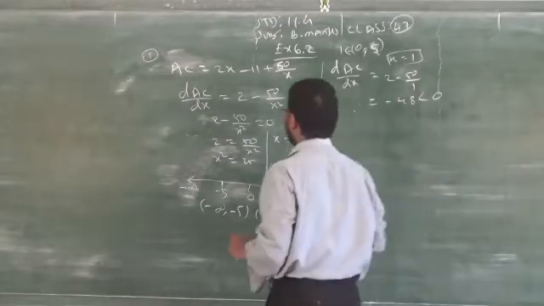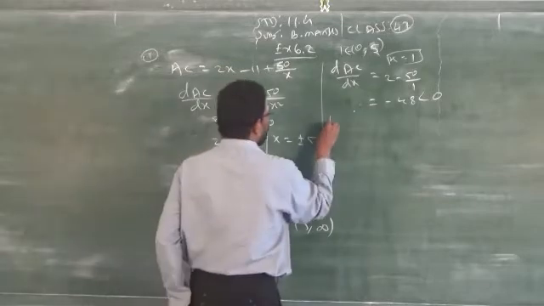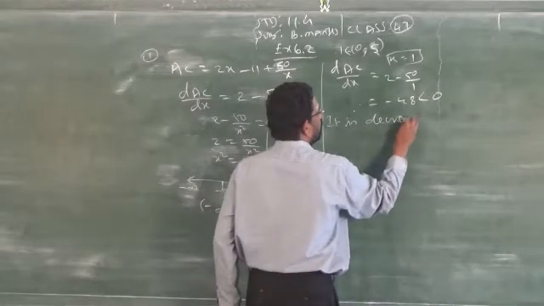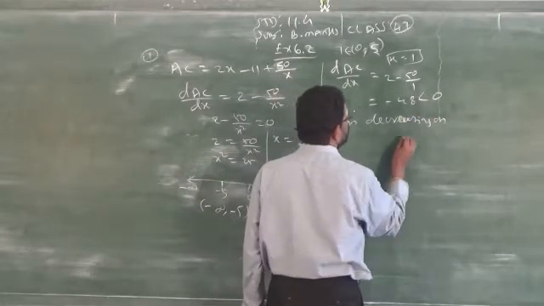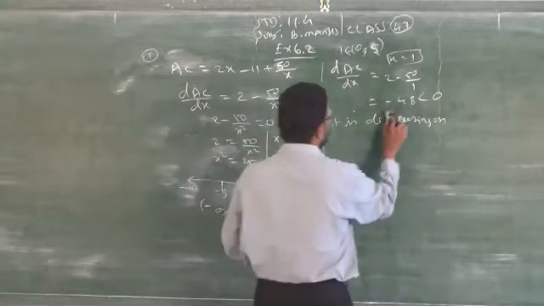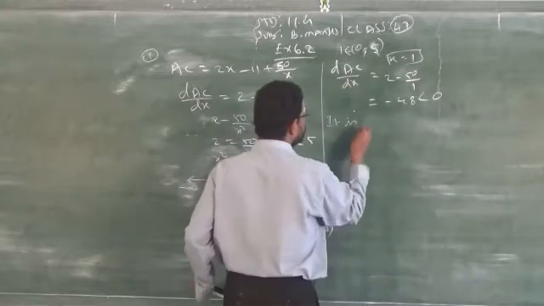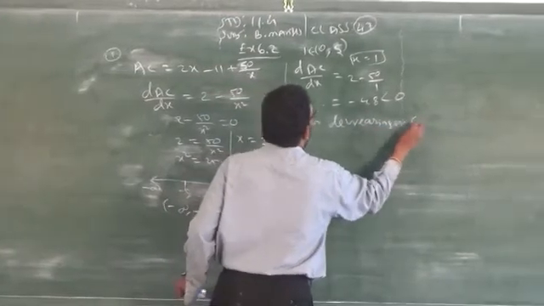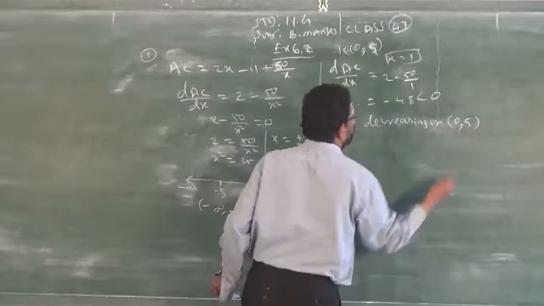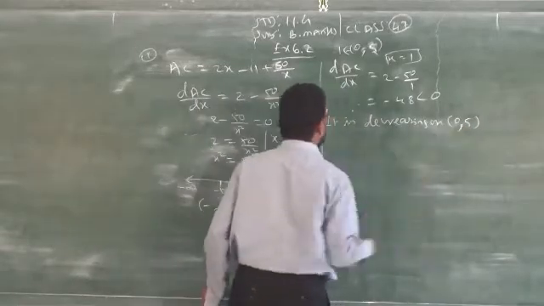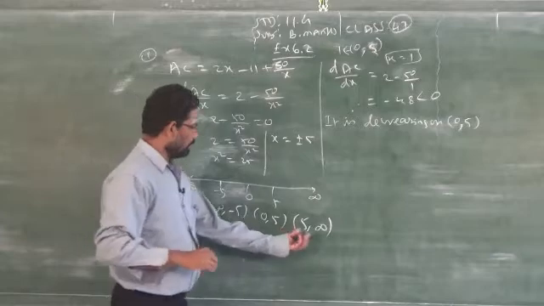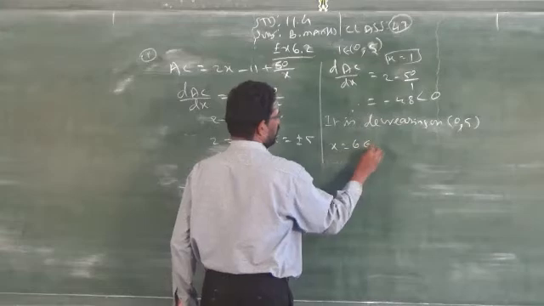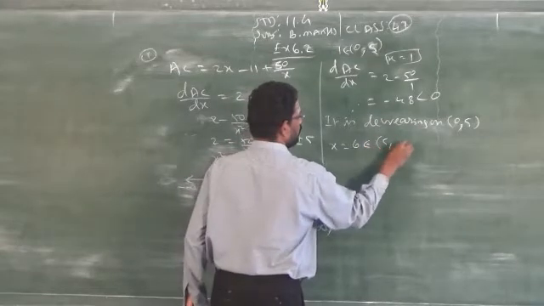It is decreasing. Therefore, it is decreasing on (0, 5). You have to write (0, 5). The next interval is (5, infinity). Take x = 6, or whatever number from 5 to infinity.